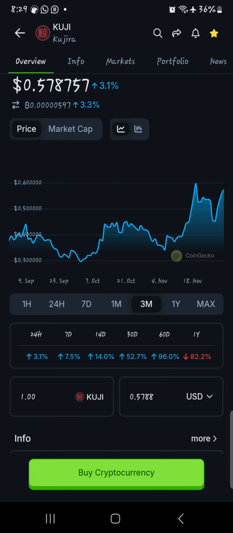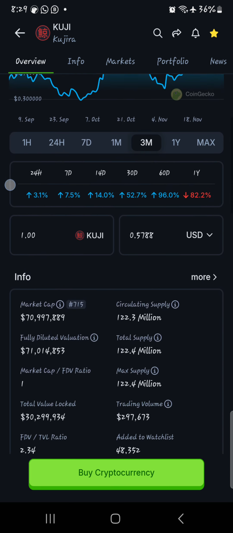In the last 60 days it's almost double, in the last 30 days it's about 50% up, and there has been consistent growth. So this is the kind of token that if you have a lot of money, let's say $5,000, $10,000, it's very easy to double or triple that money in a safe way.